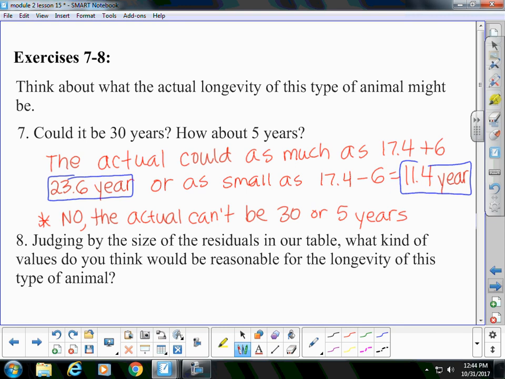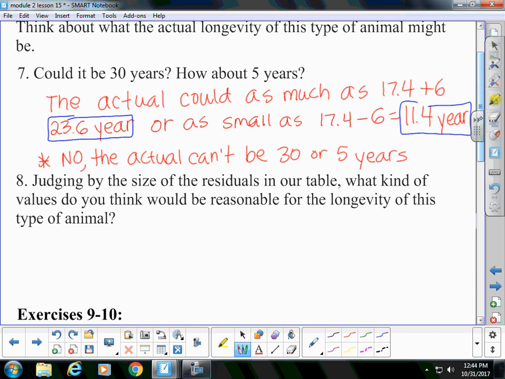Judging by the size of the residuals in our table, number 8, what kind of values do you think would be reasonable for the longevity of this animal?